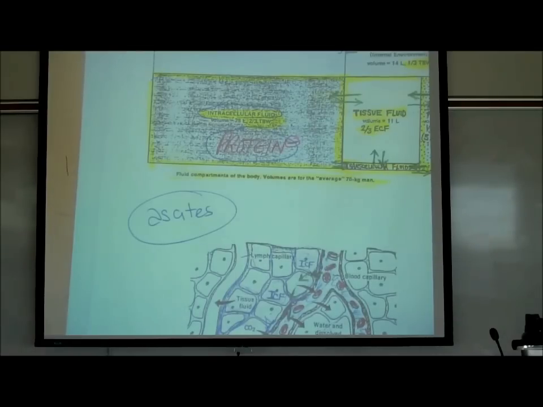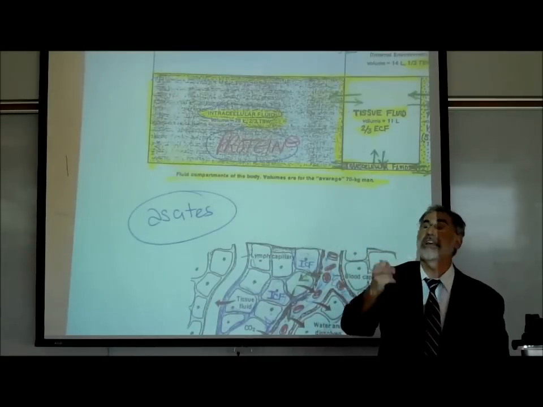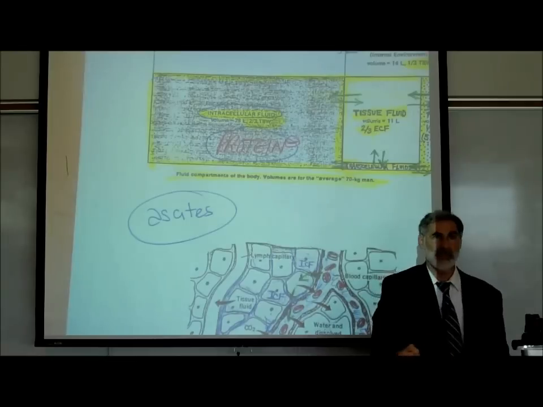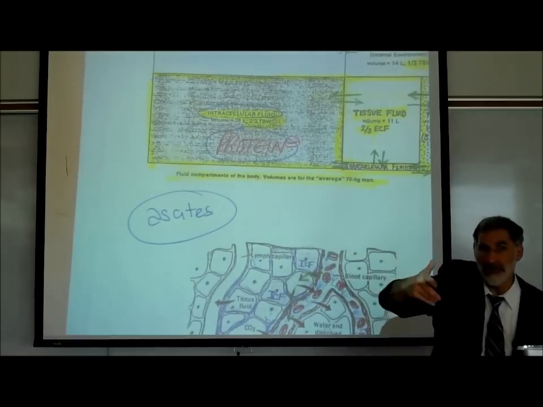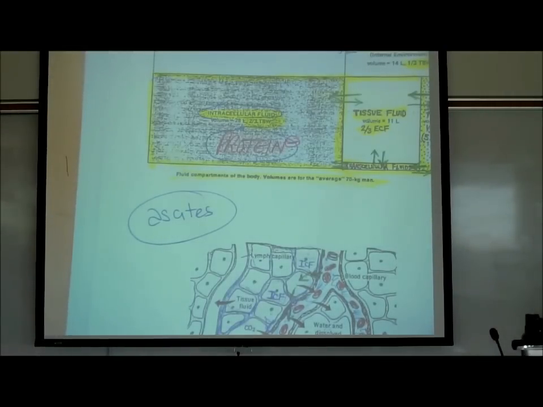Well, in physiology and medicine, there is a reference person. And that reference person we always make reference to is a young adult man weighing 70 kilograms. So now you know, when I use that example of 154 pounds or 70 kilograms, I didn't just make that up. That is our reference person.